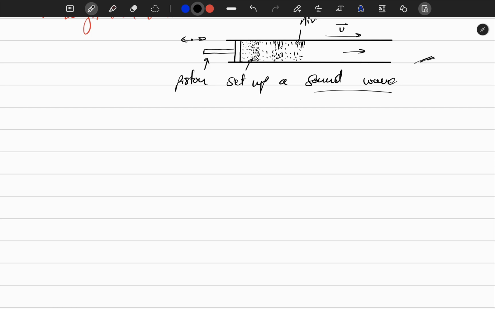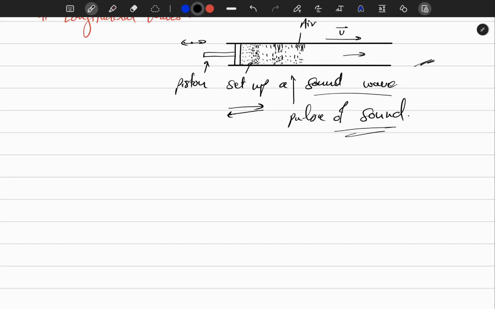If you suddenly move the piston rightward and then suddenly leftward, then you can send a pulse of sound, by just moving it once rightward and then leftward.